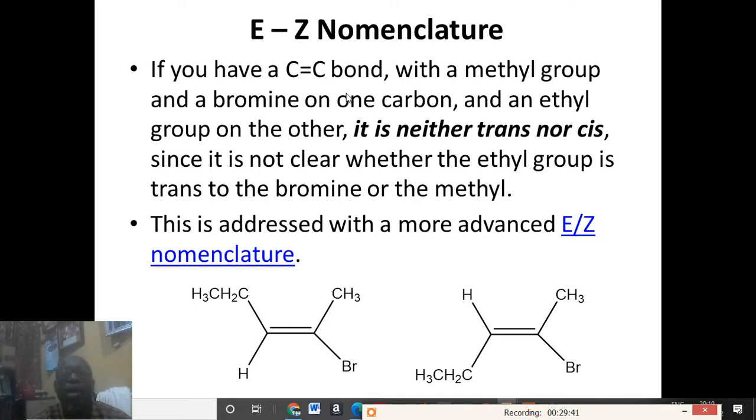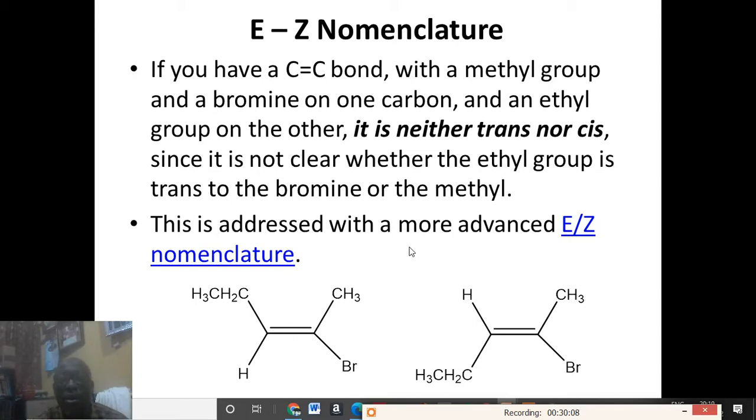If you have a carbon-carbon double bond with a methyl group and a bromine on one carbon and an ethyl on the other, it is neither trans nor cis, since it is not clear whether the ethyl group is trans to the bromine or to the methyl. This is addressed with the more advanced E-Z nomenclature.